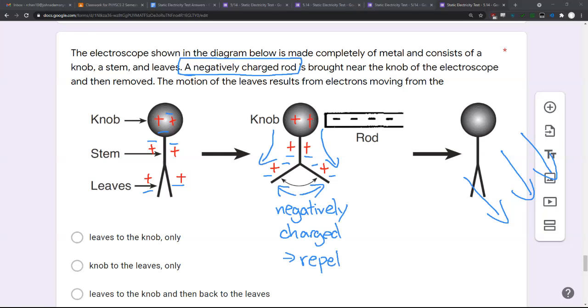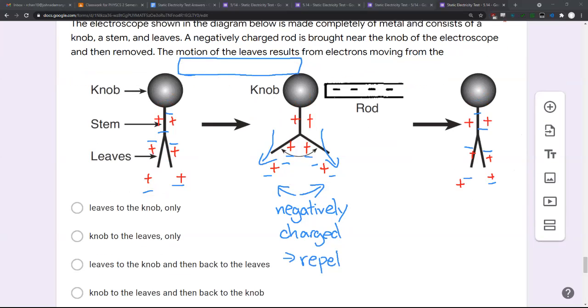Now, when you take the negatively charged rod away, the electrons go back to where they originally were, back up top. They go back to the original position.